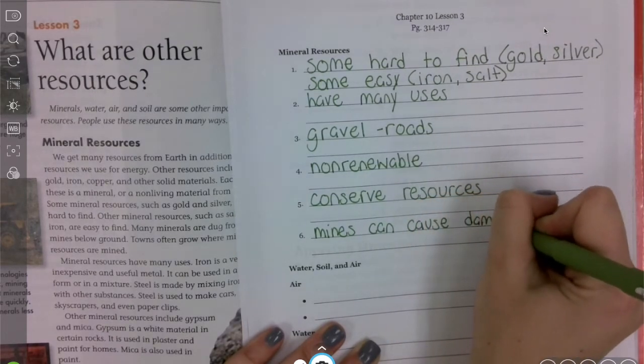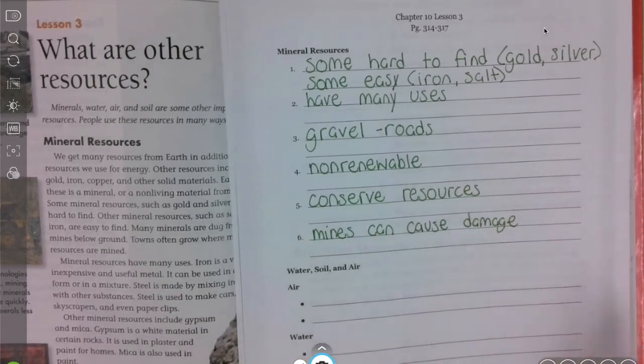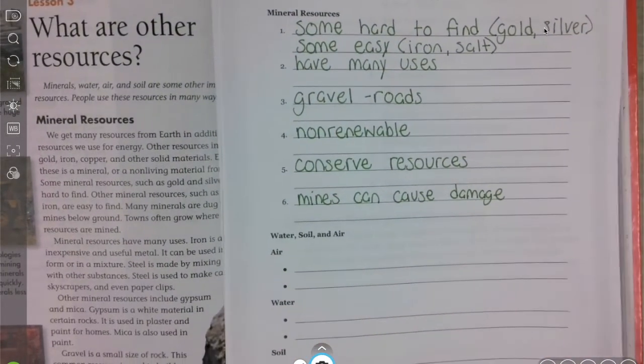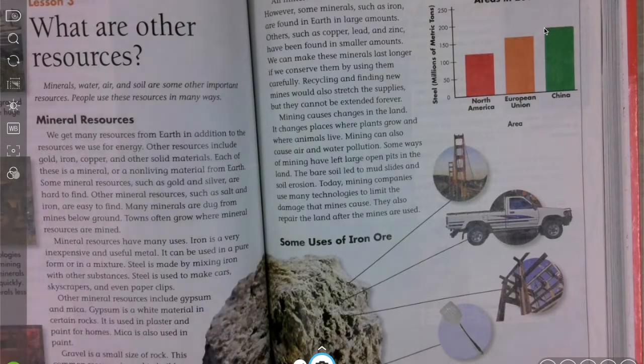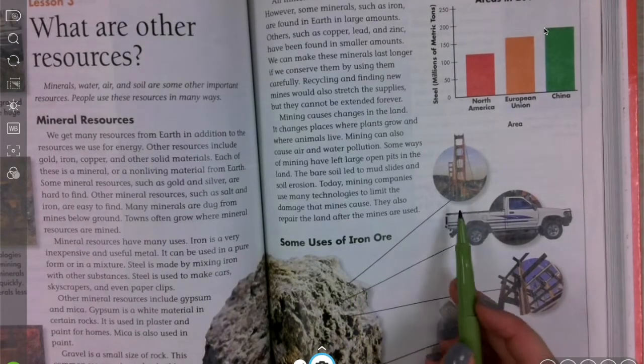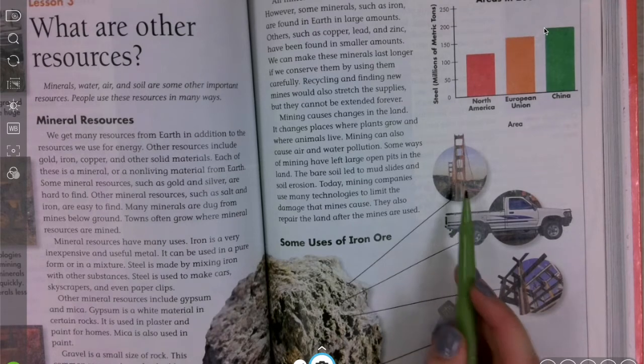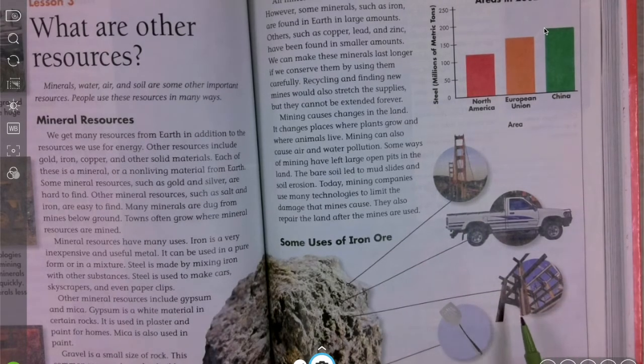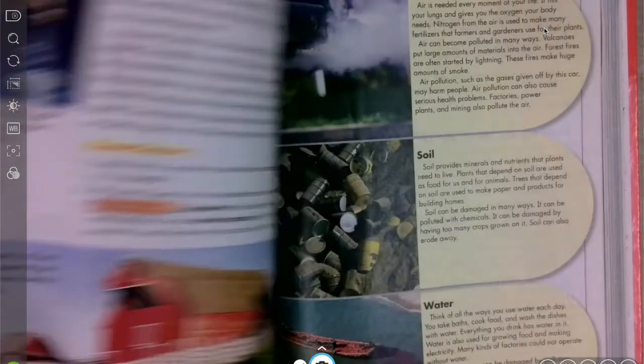So when they kind of destroy the earth, that can cause damage then to those resources. Going on, then we've got just iron ore. So iron is one of those things you can see is helpful with bridges, trucks, different buildings, even something as simple as just a spatula at home.